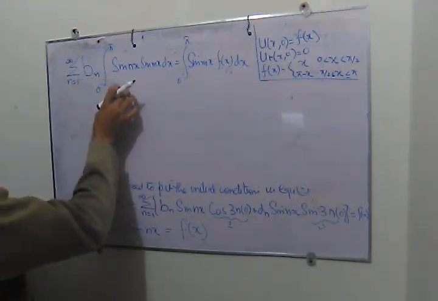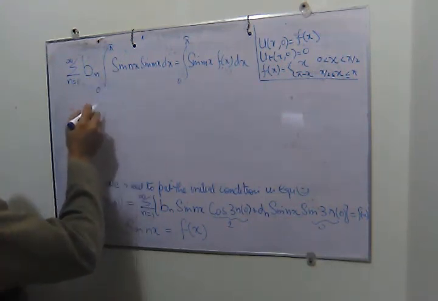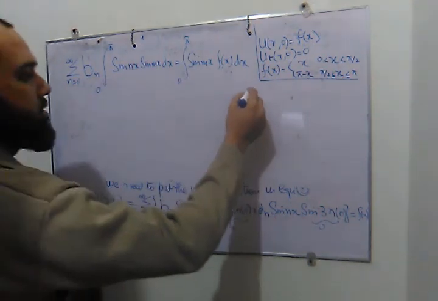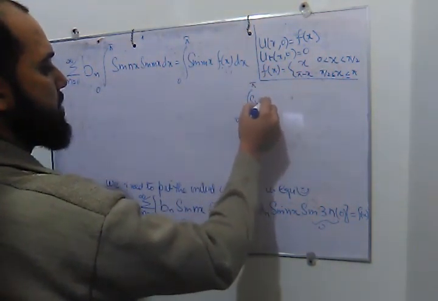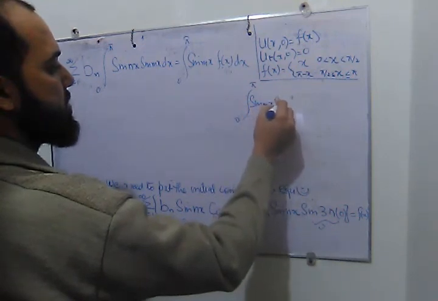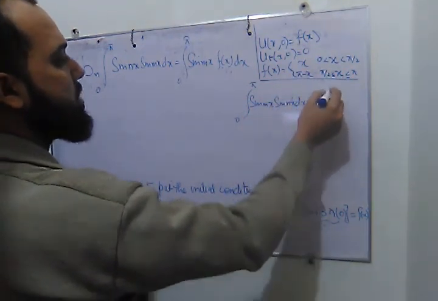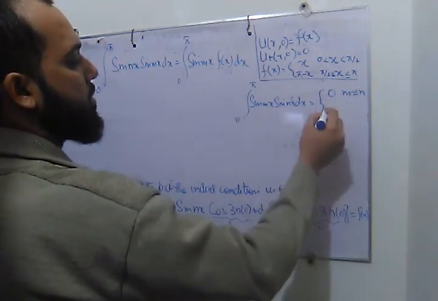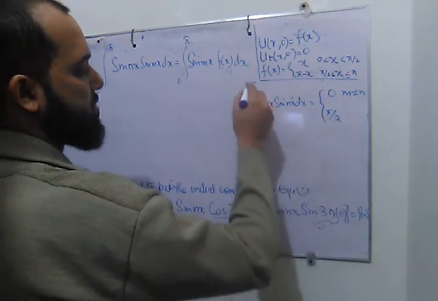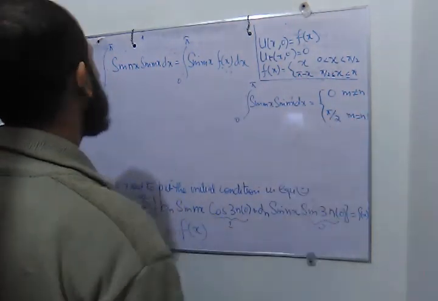We know that this integral will give half of the limit when m is equal to n. So I write it here: the integral from 0 to pi of sin mx sin nx dx is equal to 0 if m is not equal to n, and it is half of the limit, which is pi, so pi by 2 when m is equal to n.